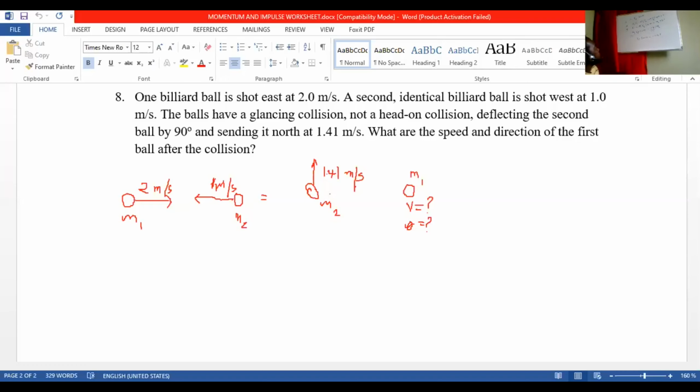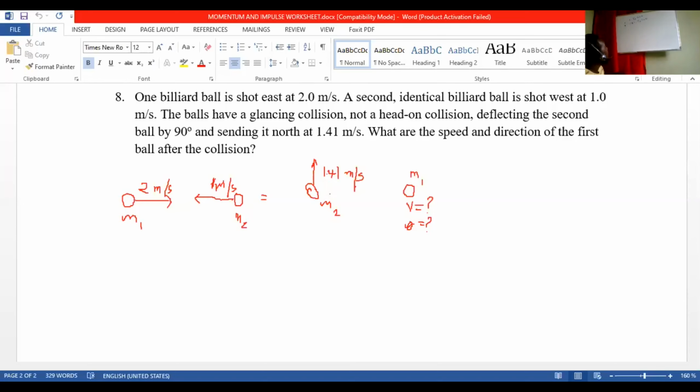That gives us the y equation. So we have an x equation and a y equation. Now we can divide both. So let's simplify: our y equation is negative 1.41 equals V1F sine theta.